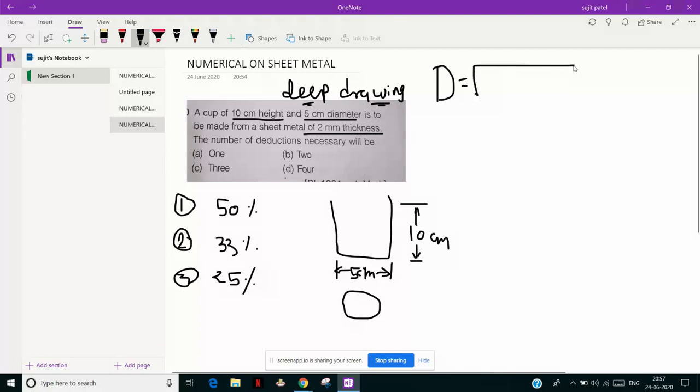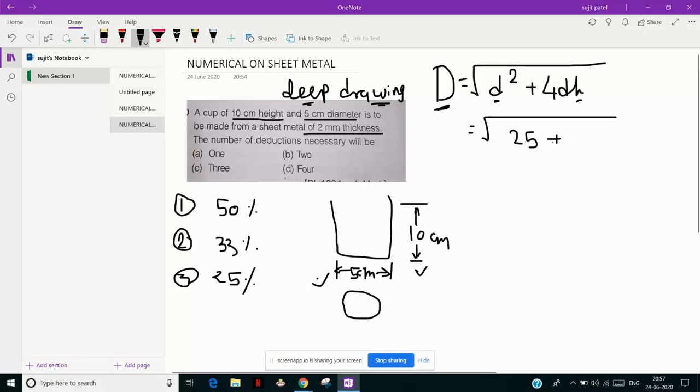You know the equation very well: D equals square root of d square plus 4dh. Here capital D is the diameter of the circular blank, small d is the diameter of the cup, that is given to you, and h is the height of the cup, that is also given to you. Put this value over here. It is 5 square, 25, centimeter. Okay, 25.